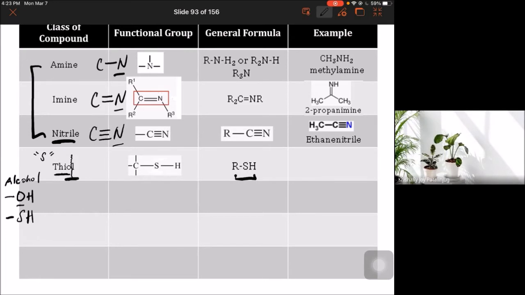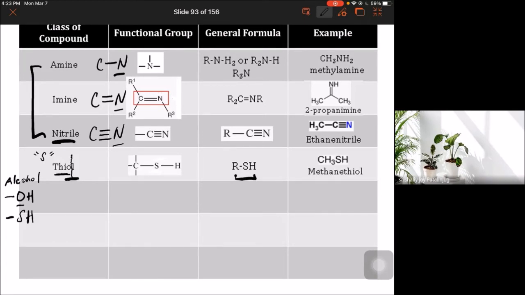That is how I think memorizing would be effective. When you memorize this table, try to pinpoint the differences and similarities of the sets of functional groups, so it is easier to memorize. Okay? So that's for the thiol class.